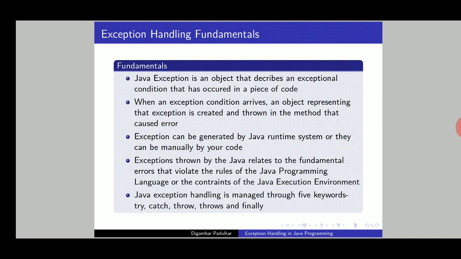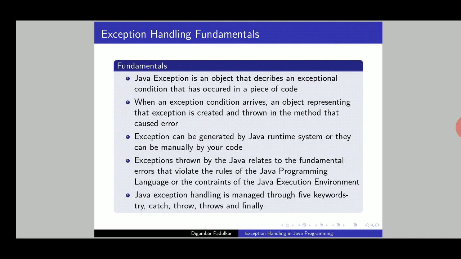For example, if you make a mistake like a divide by zero error, this kind of issue is reported by the Java runtime system. This is a fundamental error that violates the rules or constraints of the Java execution environment.